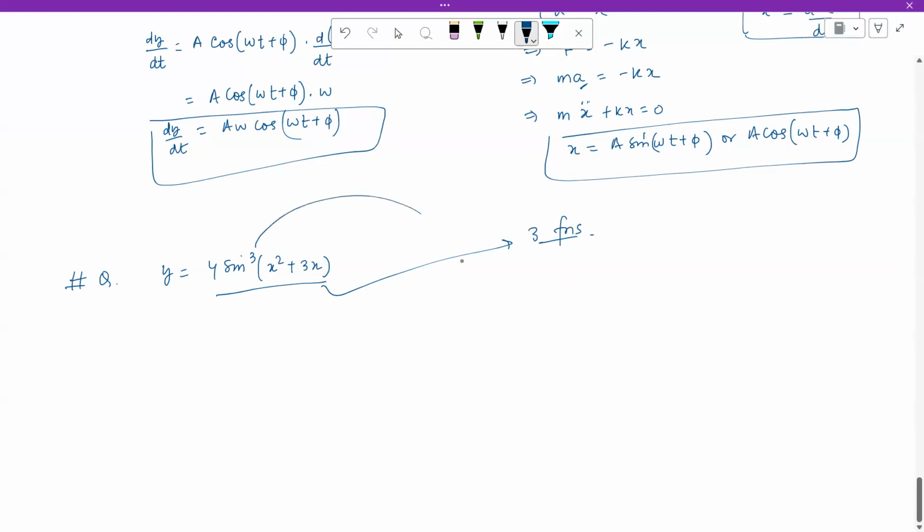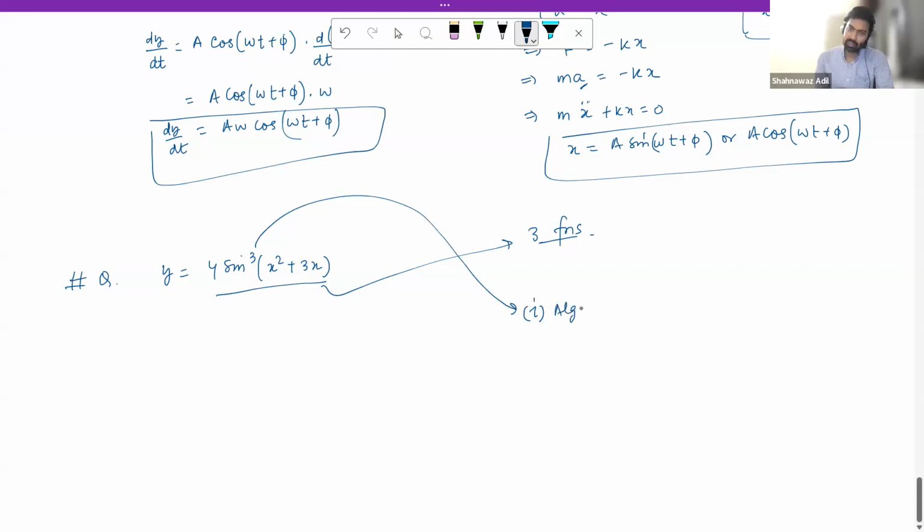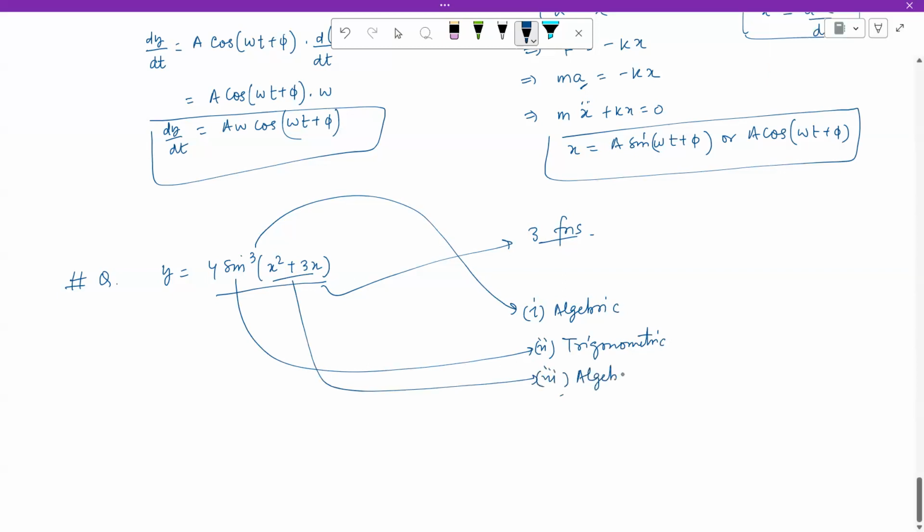First one is this one, algebraic. Second one is this one, that is trigonometric. And then the last one, that is again algebraic.